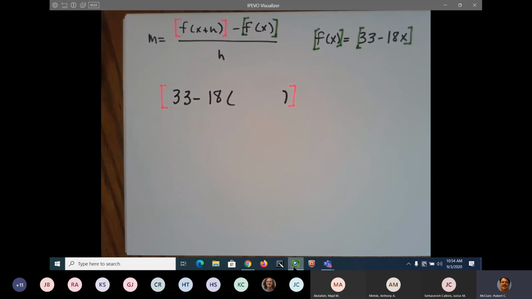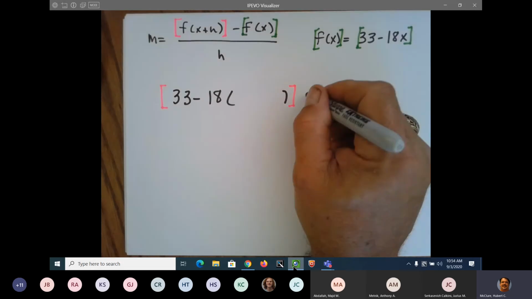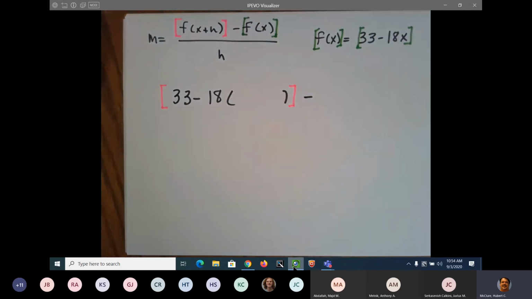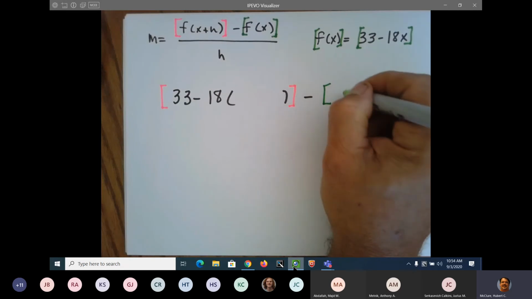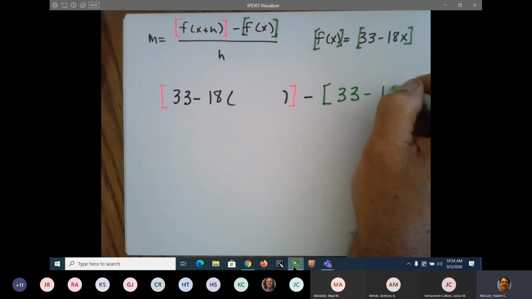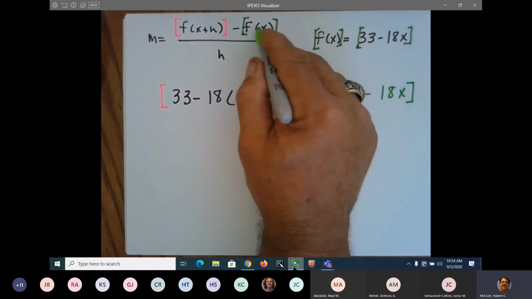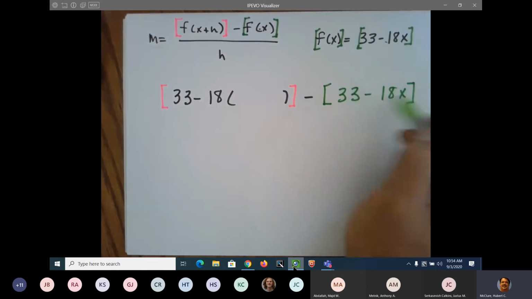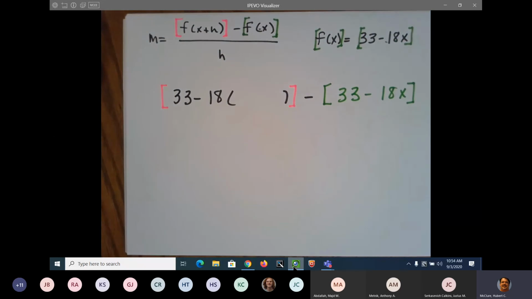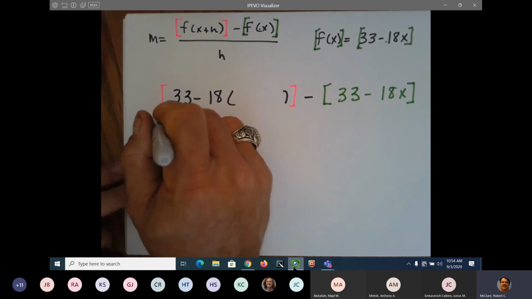And then, of course, minus, in my green marker, 33 minus 18x, because that's f of x. F of x is that. So I just will put that there, and then draw a line over h.